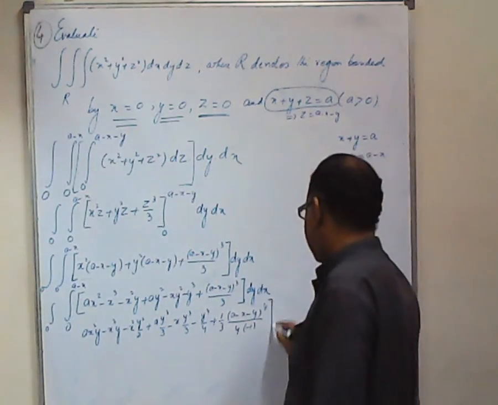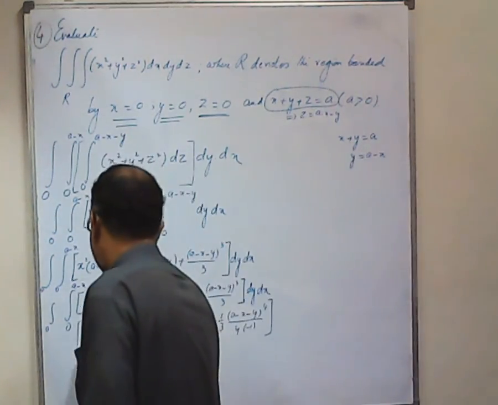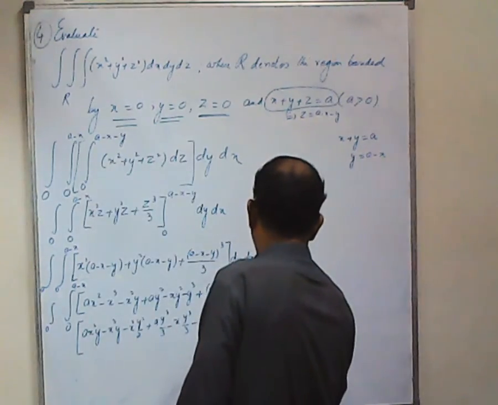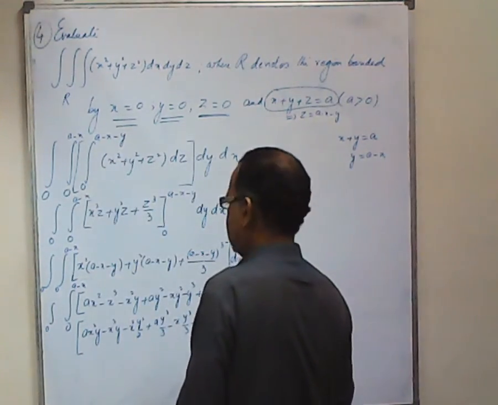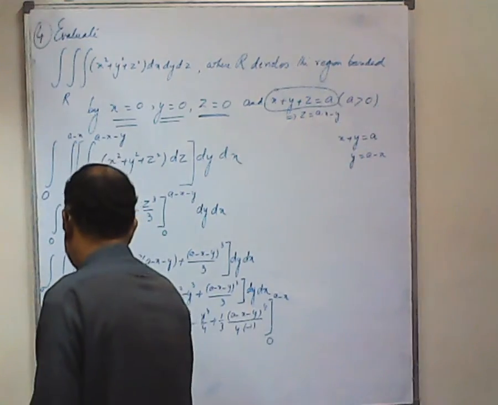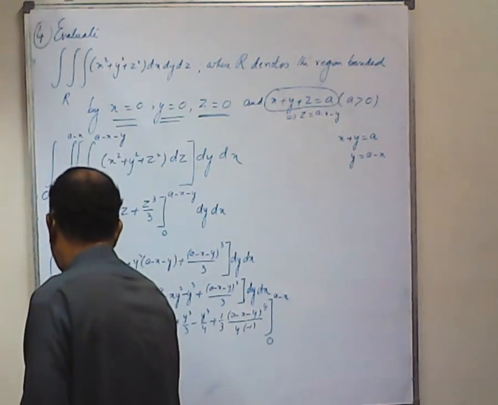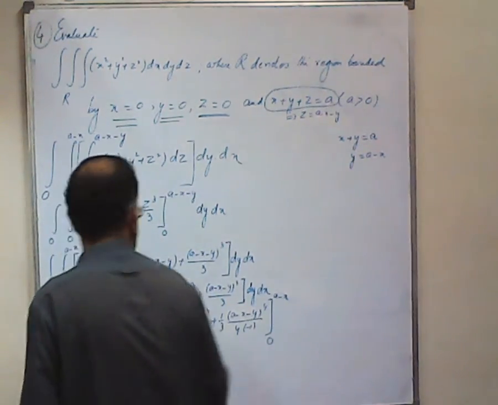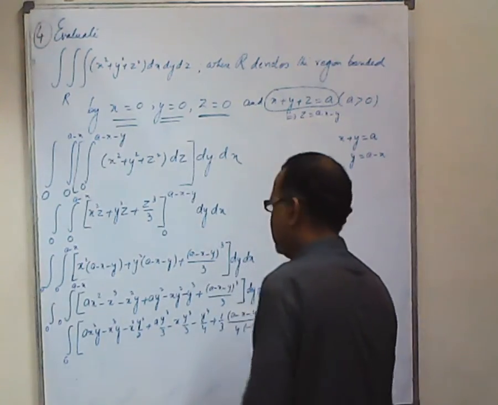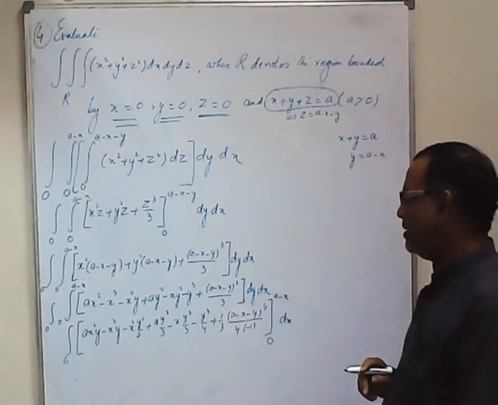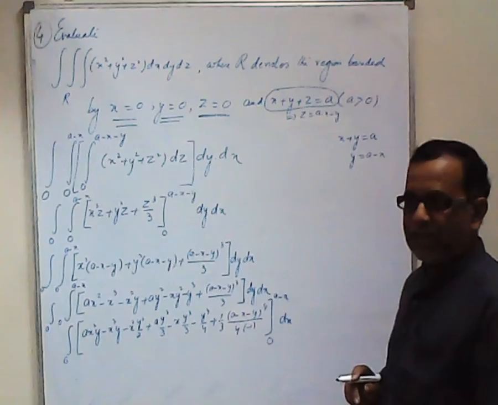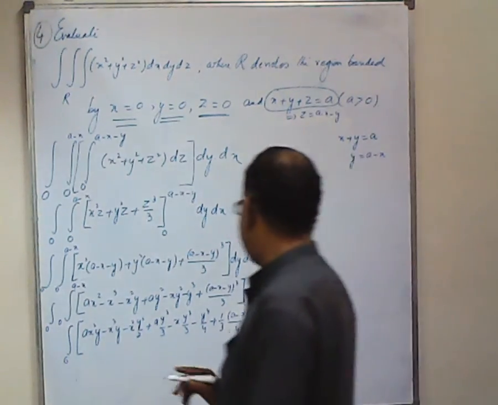And then we have the limits, and the limits are 0 to a minus x, and the rest is the integral of x. This is dx.